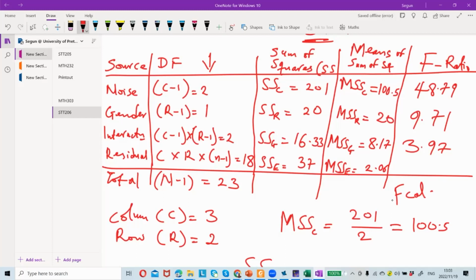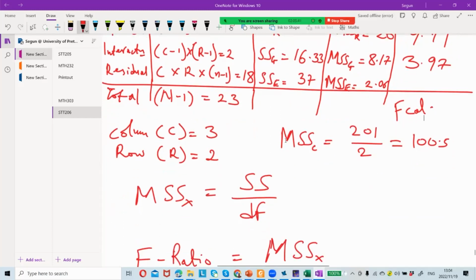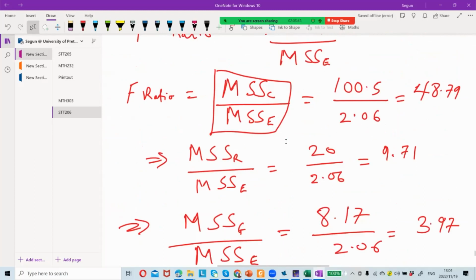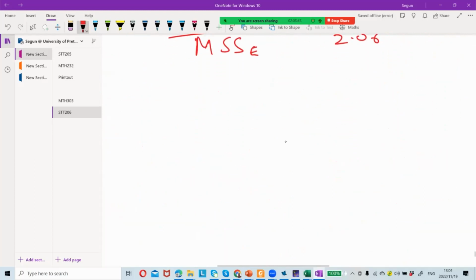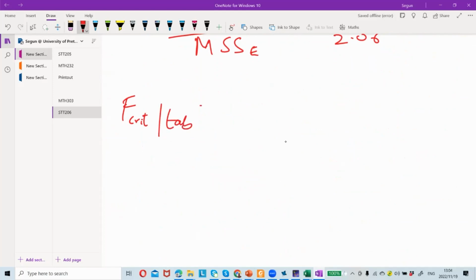Am I communicating now? Yes. F tabulated is simple. Everyone will have degrees of freedom. Let me just write it down. We have F critical or tabulated.